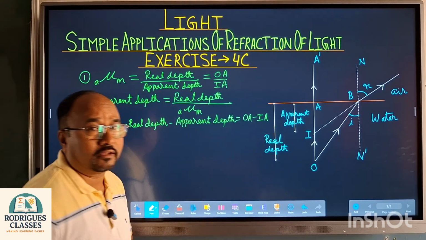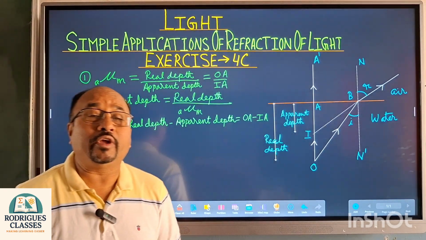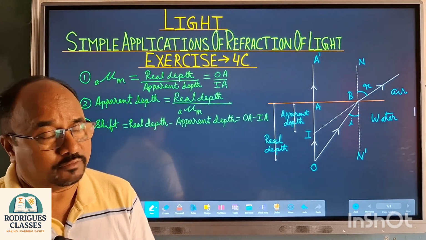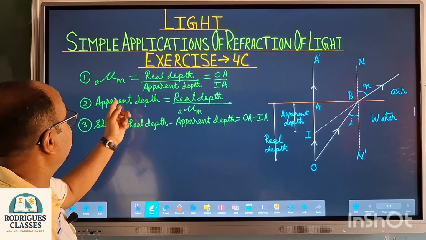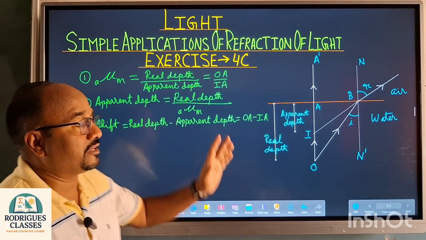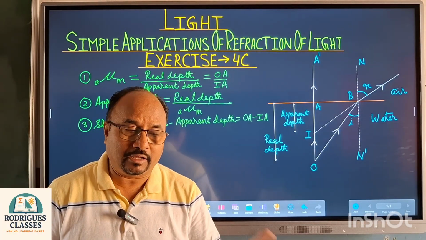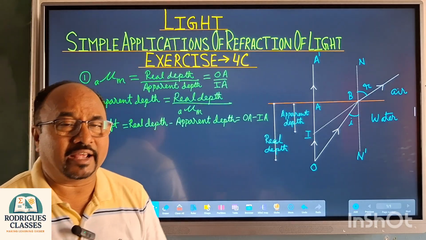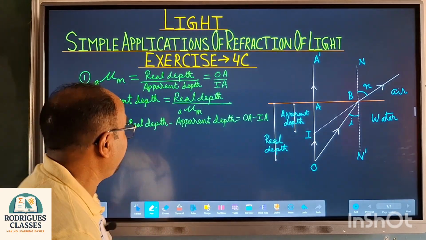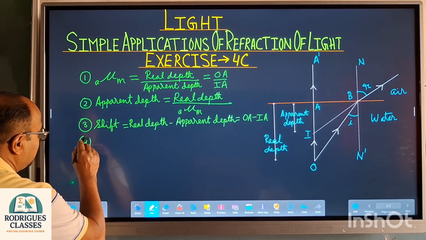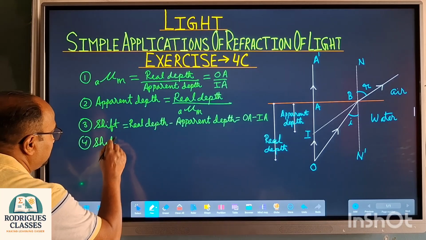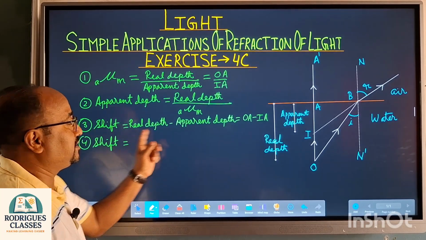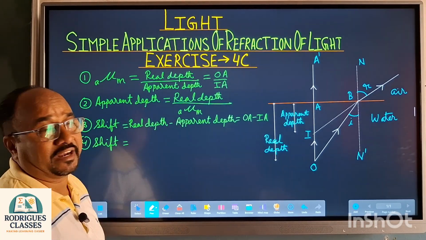If you know the real depth and the apparent depth, with the real depth given and the apparent depth calculated, you can subtract both of them and get the shift. We can even get a direct relationship for the shift, using the same thing, putting in the value of the apparent depth.